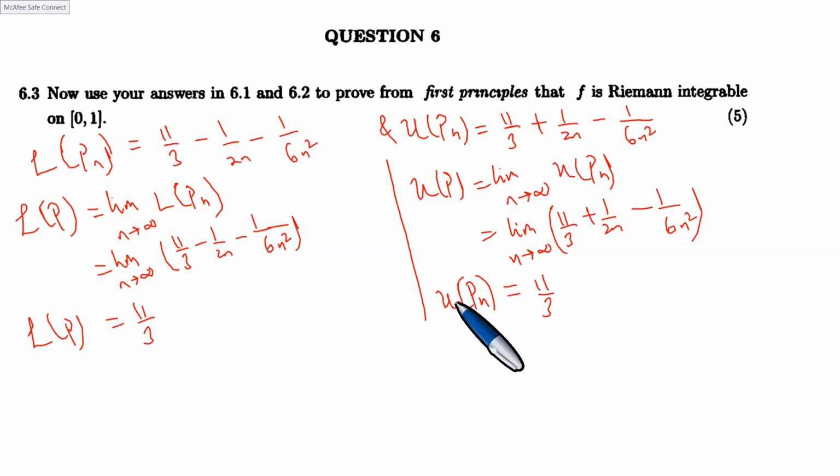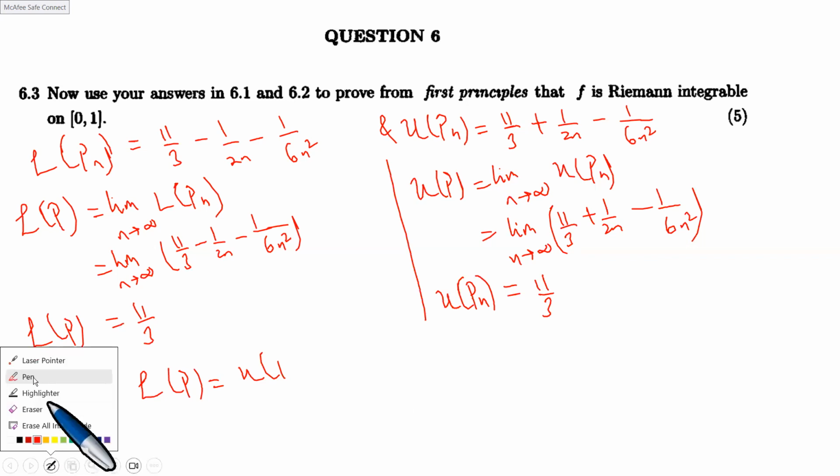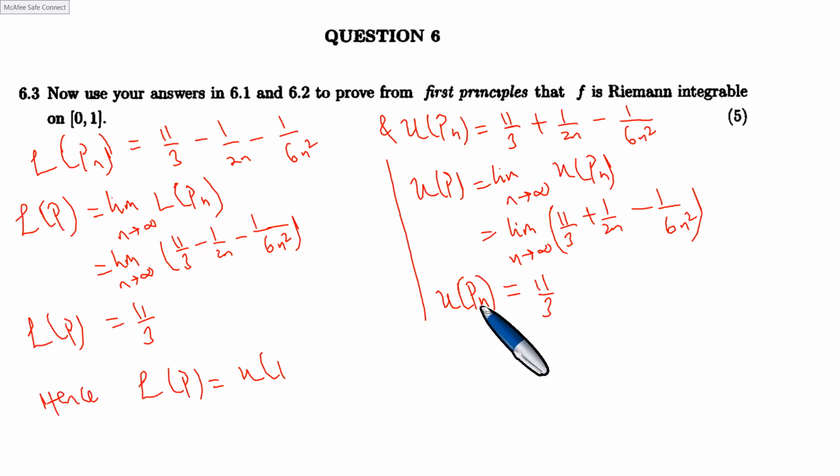Obviously, the implication is that you can see these are equal to each other. They're both 11 over 3. Hence, LPN is equal to U. No, wait, this is only UP, it's not UPN. Only UP.